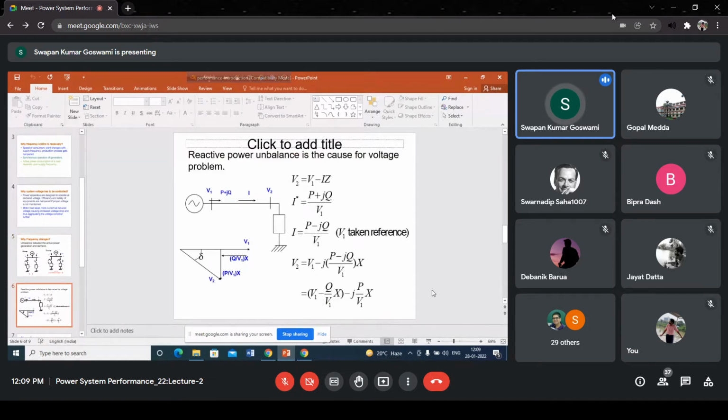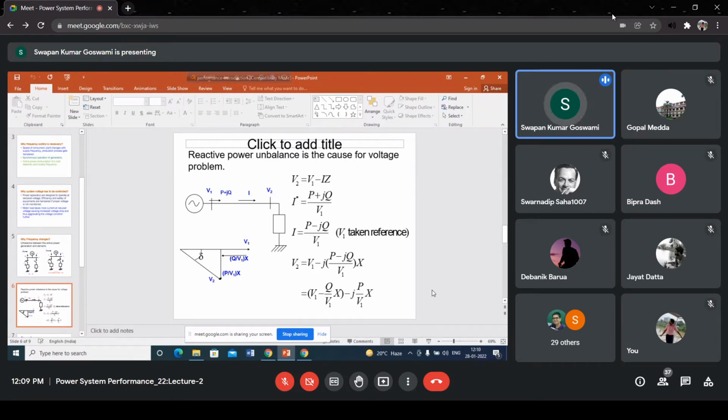And also, I have discussed the voltage control. Why voltage control is necessary? Why voltage drops? Which part of the power is more responsible for voltage drop? And it was shown that reactive power is mostly responsible.